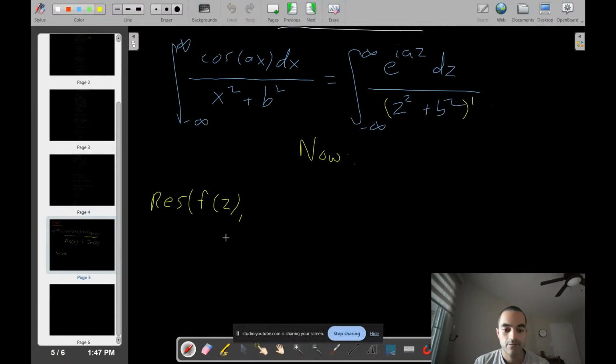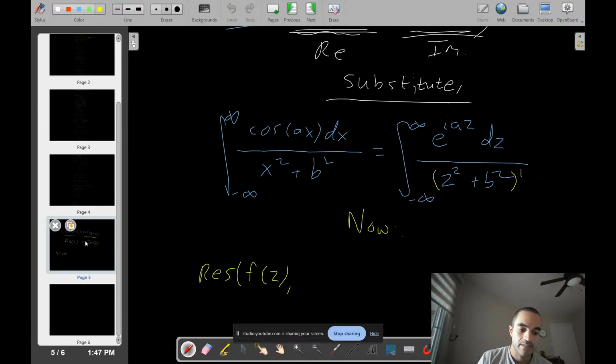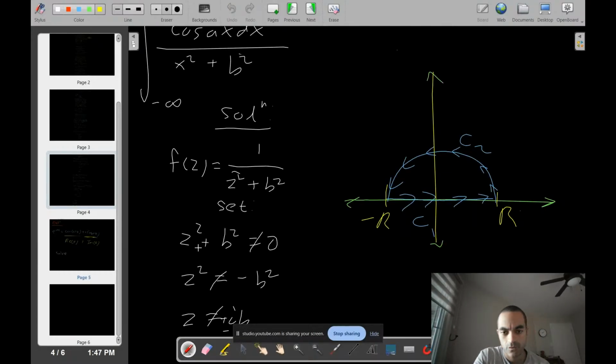Now that we have this information, we found positive ib again. We're only looking for the isolated singularities, not the non-isolated singularities. Non-isolated singularities would have been outside of the disk, so negative ib will not be used. Negative ib is down here. That's not what we need. We need ib, located somewhere here on the imaginary axis.